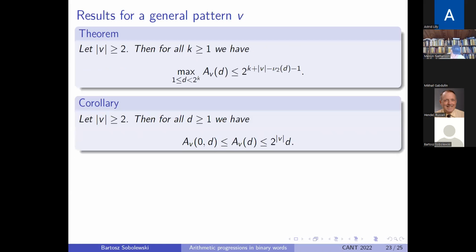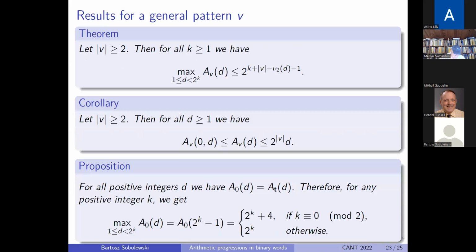And in general, we have a similar result. So for a general pattern V, again, we can show that the maximal length of a progression of difference d is finite. So there, in particular, there exists no infinite monochromatic progressions in the corresponding sequence. And this carries over to the progressions starting at 0.